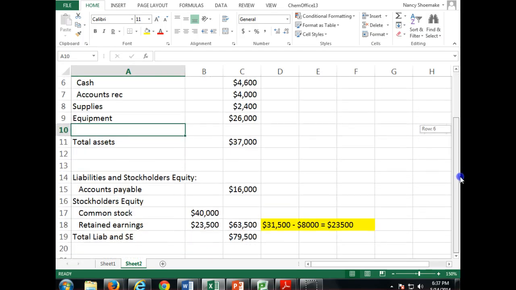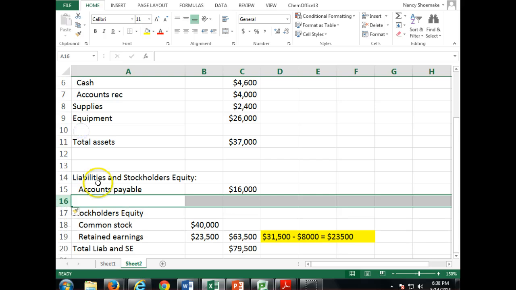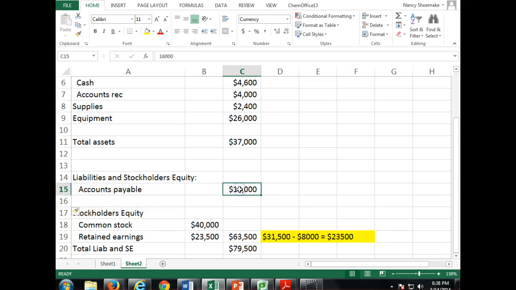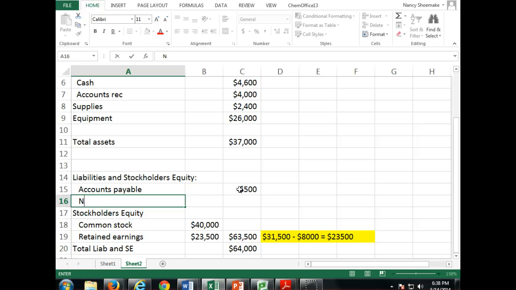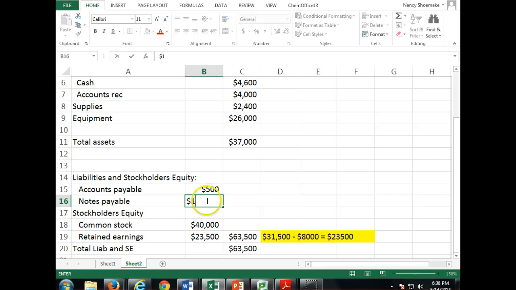Now what about our stockholders' equity section? Or excuse me, our liabilities. We have accounts payable of how much? 500. We also have something called notes payable of how much? 12.